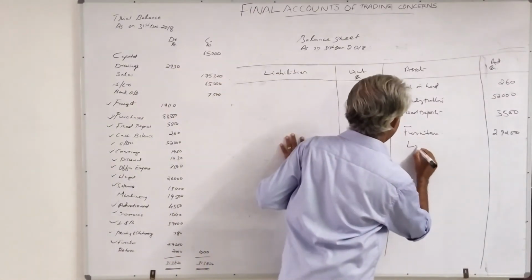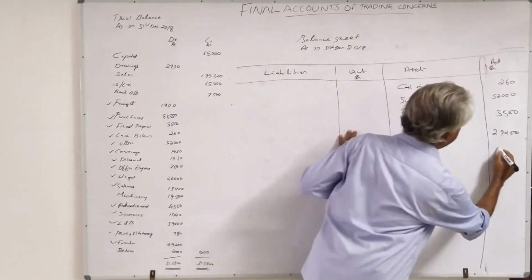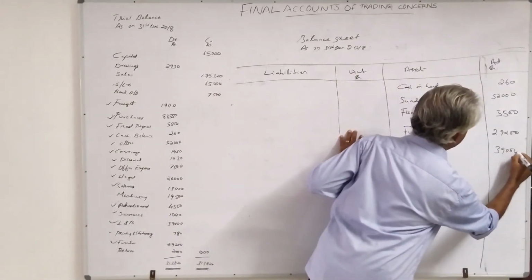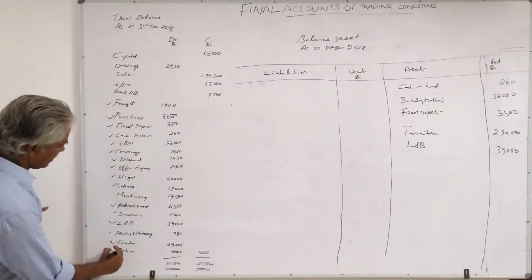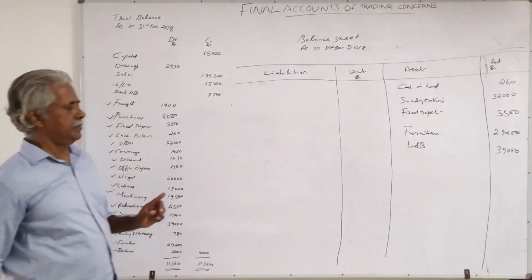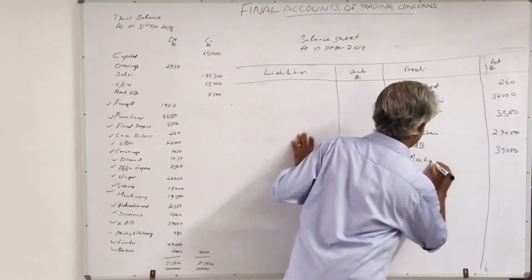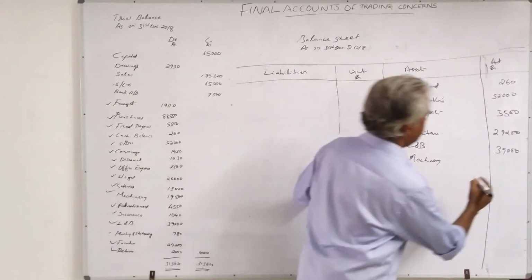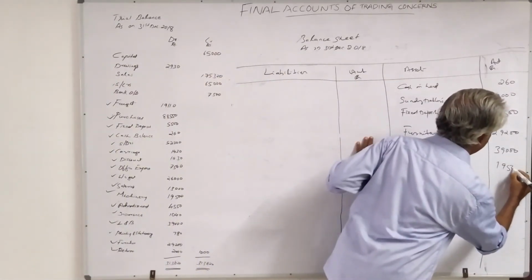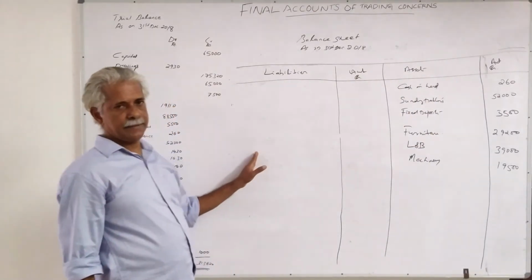That comes to 39,000. Another fixed asset given is machinery, 19,500.